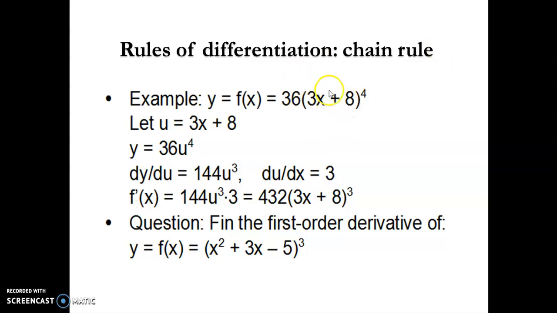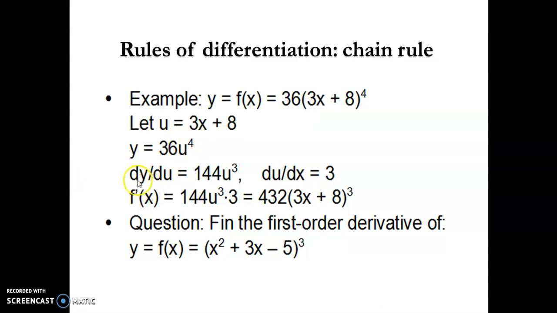So I'm going to let this inner part equal u. So I'll let u equal 3x plus 8. Thus, it can be written as y is equal to 36 u raised to the power of 4.